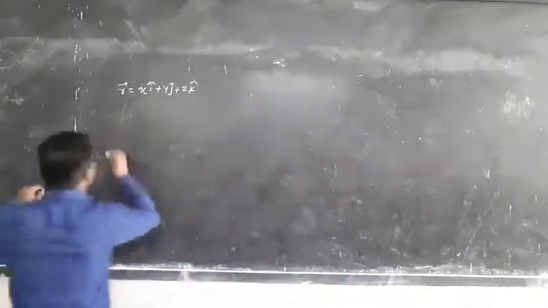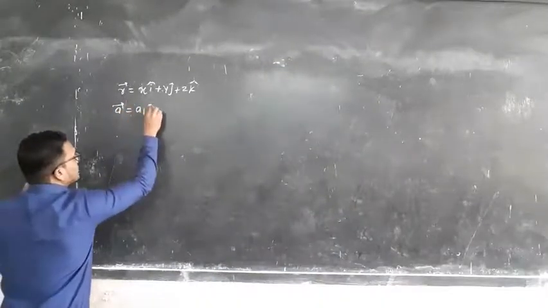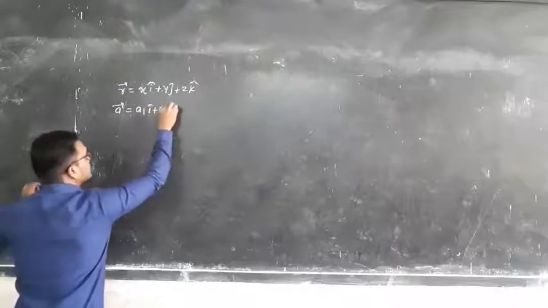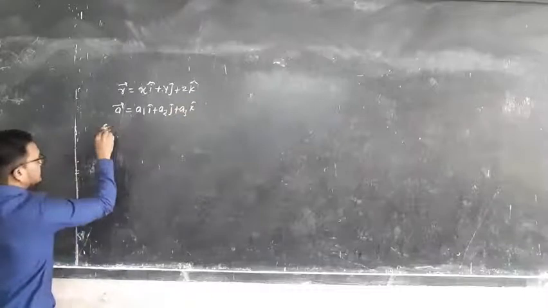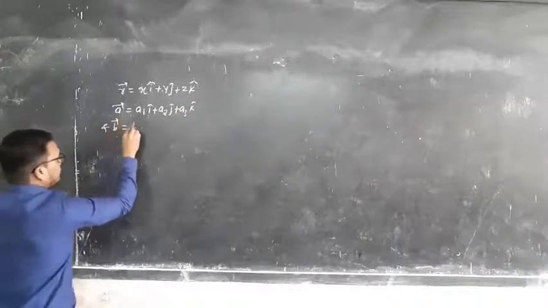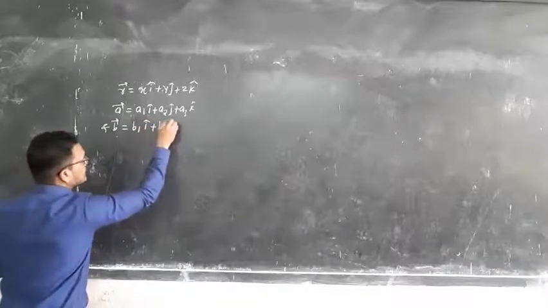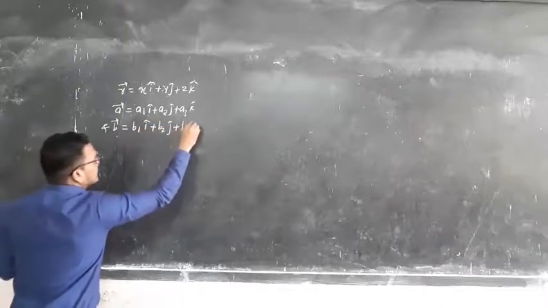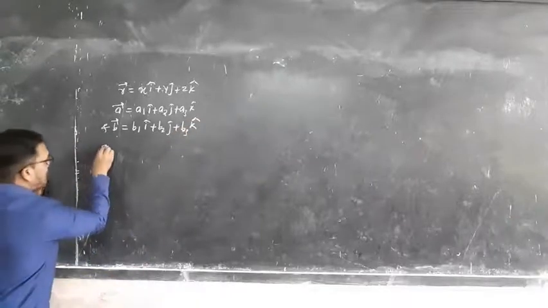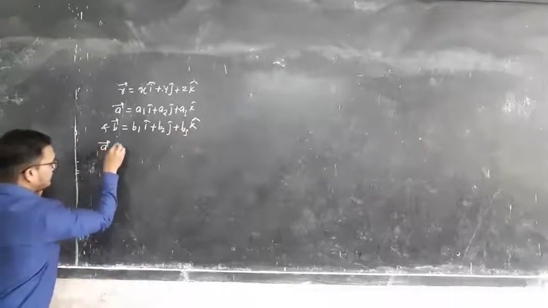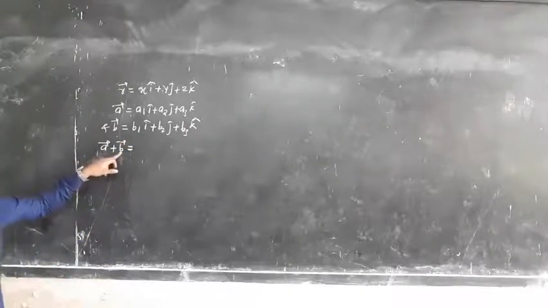Okay. For example, suppose vector a is equal to a1i plus a2j plus a3k and vector b is equal to b1i plus b2j plus b3k. Then the addition of this, that is vector a plus vector b, is equal to.